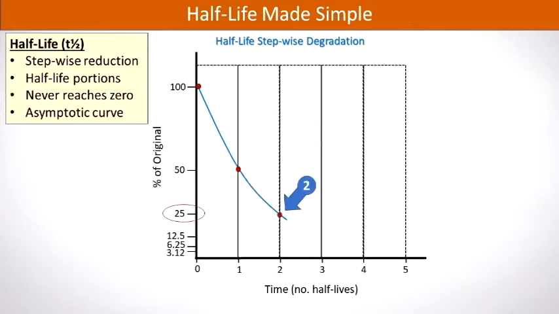As we continue, we take another half-life of the 50%. Third half-life is half of the previous. Fourth half-life, fifth half-life, and so on asymptotically.